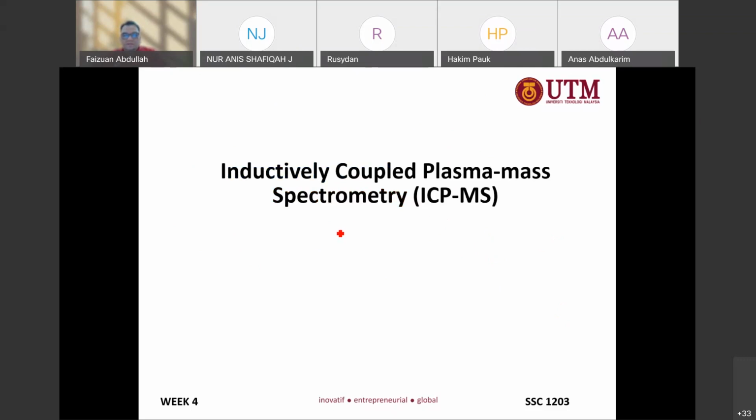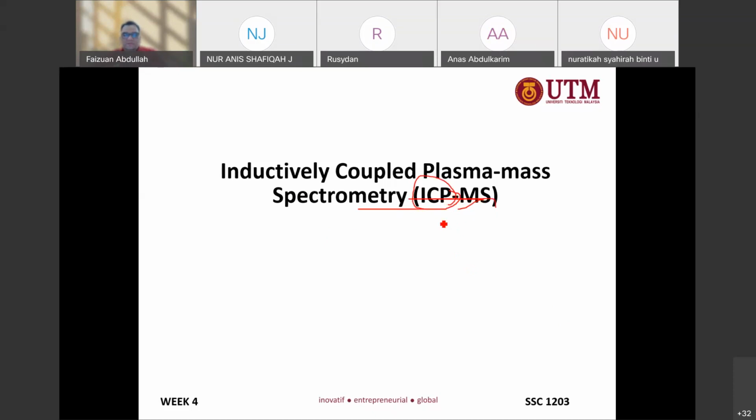What is the atomizer part in the instrument? MS is the detector. What is the atomizer part? ICP, similar with the ICP-OES.